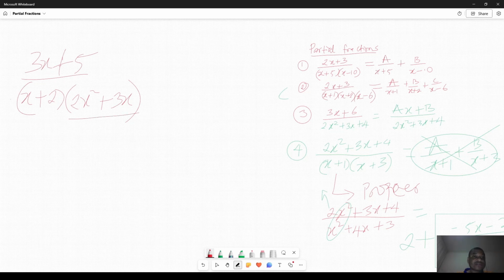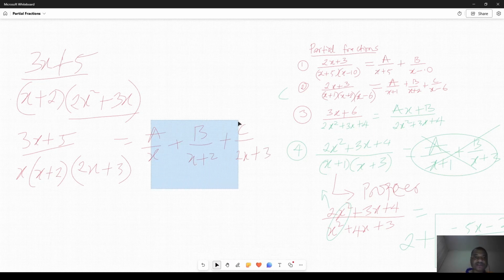Because we can factorize this, this can be 3x plus 5 over x bracket x plus 2 over 2x plus 3. So this would be a over x plus b over x plus 2 plus c over 2x plus 3. If we can factorize.